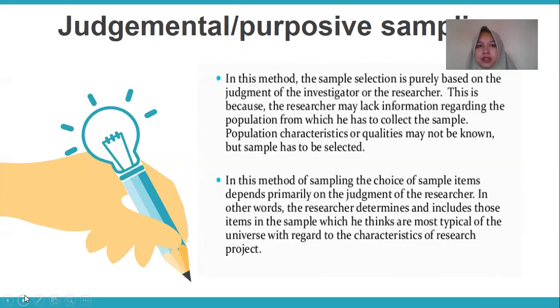In judgmental or purposive sampling, the choice of sample items depends primarily on the judgment of the researcher. In other words, the researcher determines and includes those items in the sample which he thinks are most typical of the universe with regard to the characteristic of the research project.